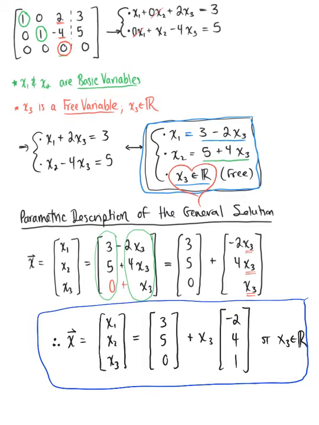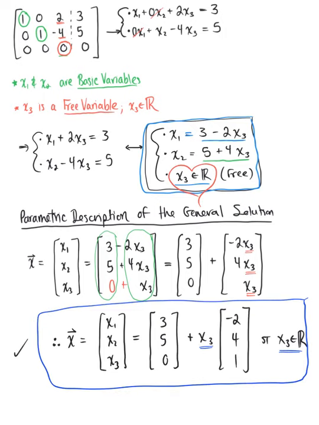And you can see here, because x sub 3 is real, it's a scalar value, you can choose a numerical value for x sub 3 to produce a particular solution. So this emphasizes all possible solutions.